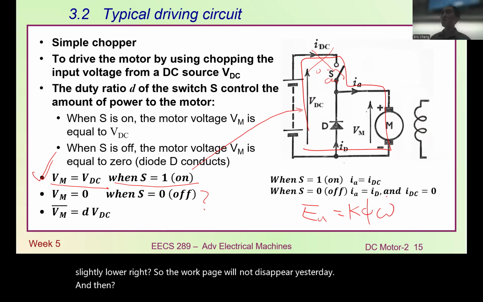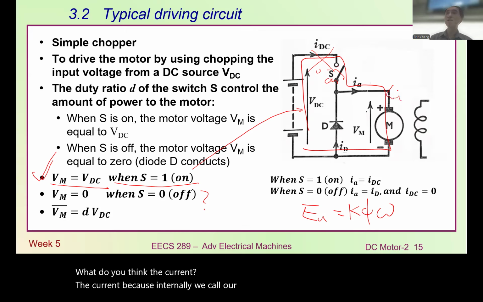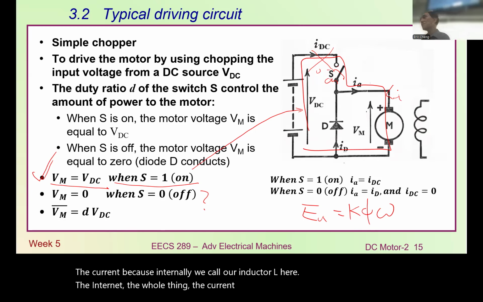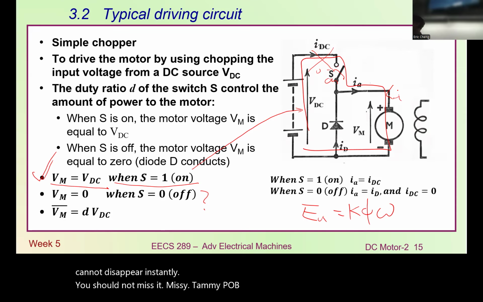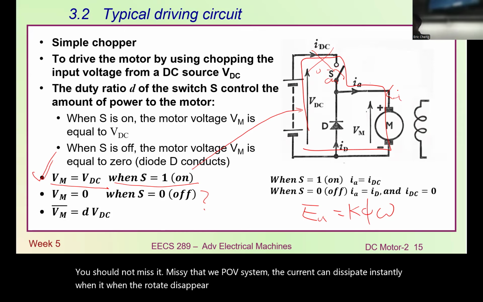What do you think about the current? Internally we have the inductor LA here. The inductor holds the current to continue to flow forward, so our IA cannot disappear instantly. It's not a pure resistor; with a pure resistor, the current can disappear instantly when the voltage disappears, right? But not IA.